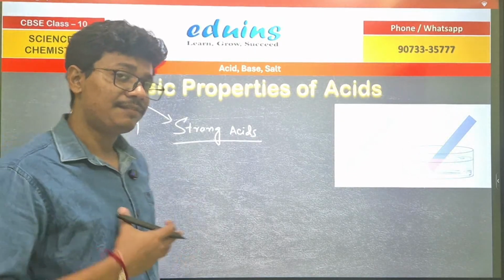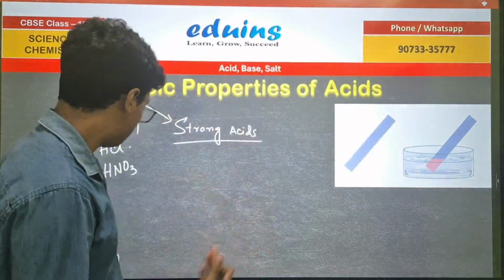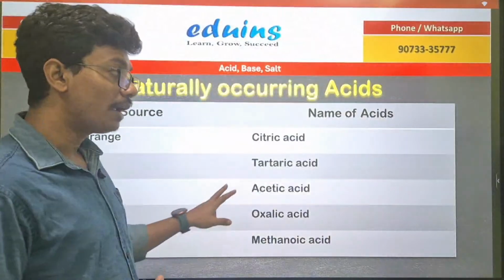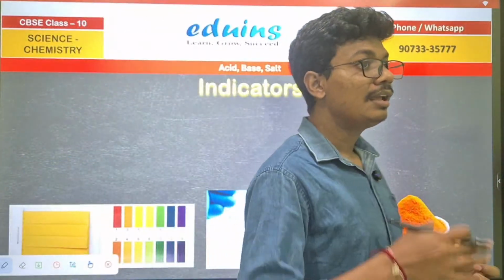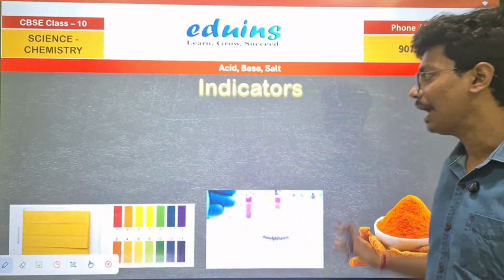So what is the difference between strong acid and weak acid? We will learn in our next class. How do we differentiate between a strong acid and a weak acid?